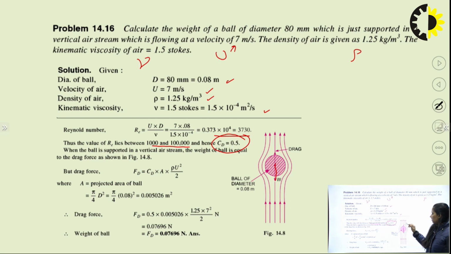The lines coming from this direction and going around like this are flow lines, or streamlines. This figure shows how these streamlines act over this particular streamlined ball. The diameter of the ball is also shown, 0.08 meter, and this arrow is the drag.